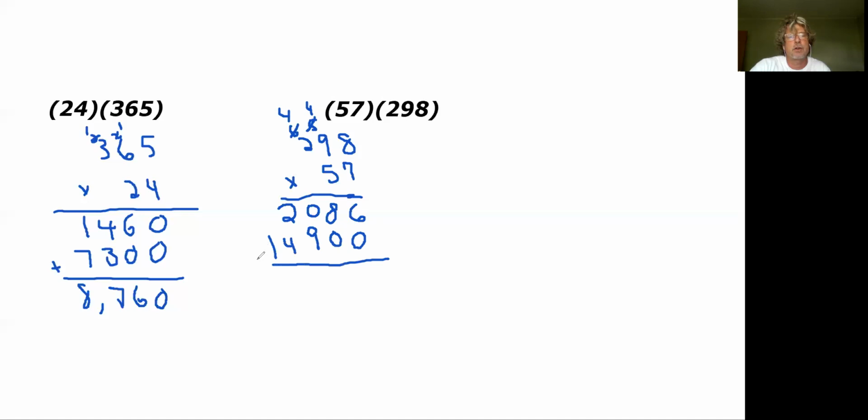So we add together our 2 partial products. Since this was found by doing multiplication, this was found by doing multiplication. So now we add 6 plus 0, which is 6. 8 plus 0 would be then 8. 0 plus 9 is just 9.